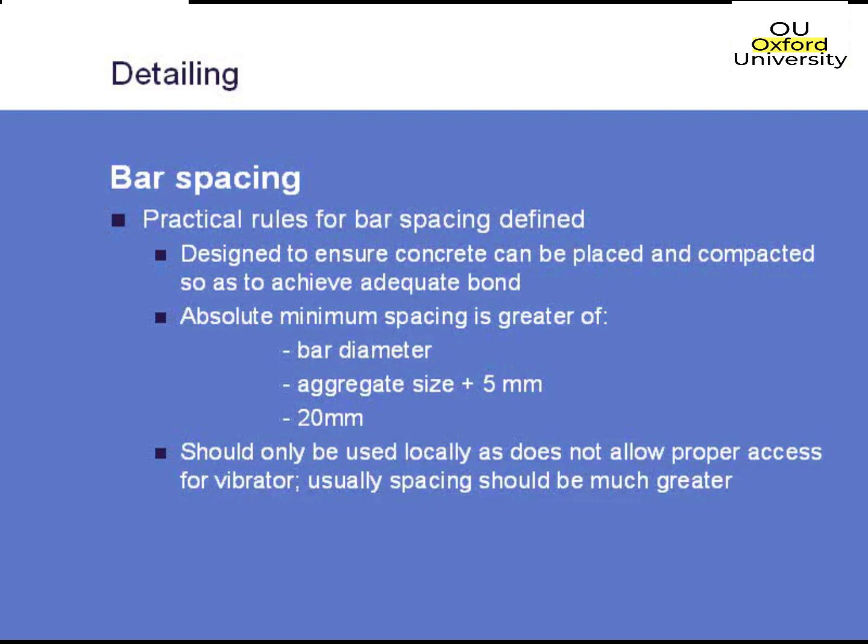And the absolute minimum spacing is the greater of either the bar diameter, or the aggregate size plus 5 millimeters, or 20 millimeters, whichever one is the greatest. However, those minimum spacings should only be used in very local areas, because otherwise you'll end up with problems trying to get the concrete in and the concrete properly vibrated. I'm sure you've all had situations on site where you just end up with too much reinforcement and the concrete just doesn't fit.